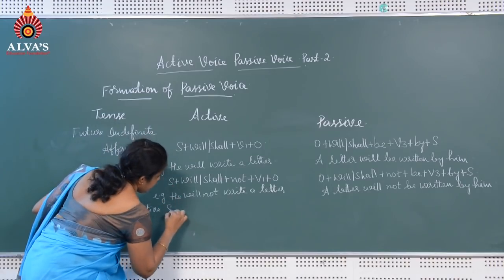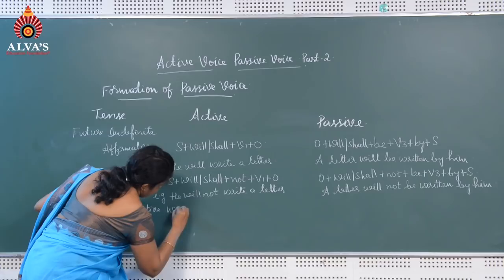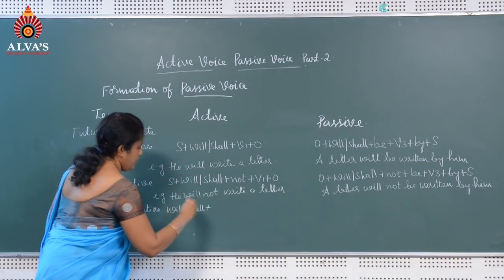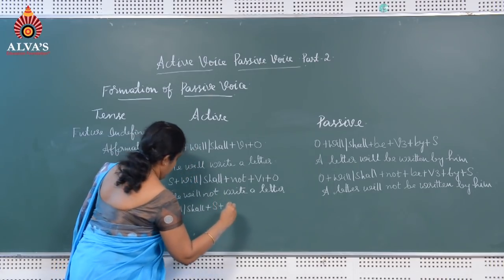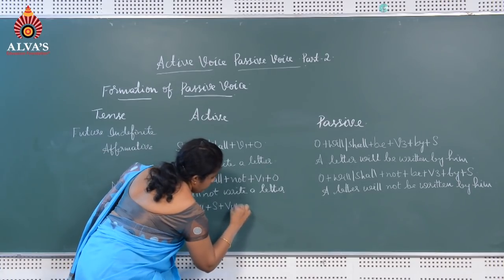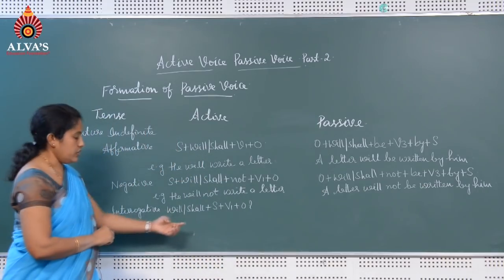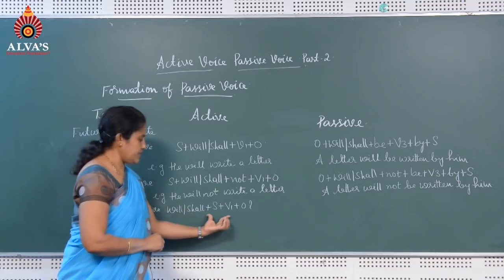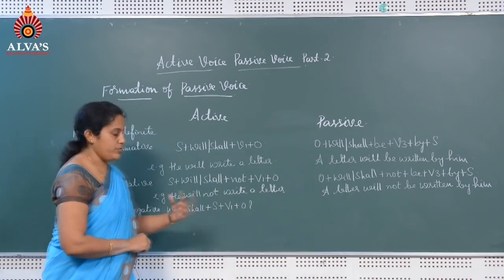Formula is subject will or shall plus subject first form of the verb plus object. So, here there should be a question mark, here will or shall plus subject plus first form of the verb plus object.